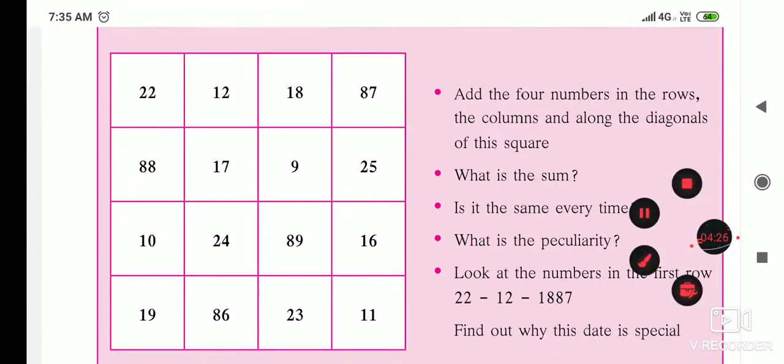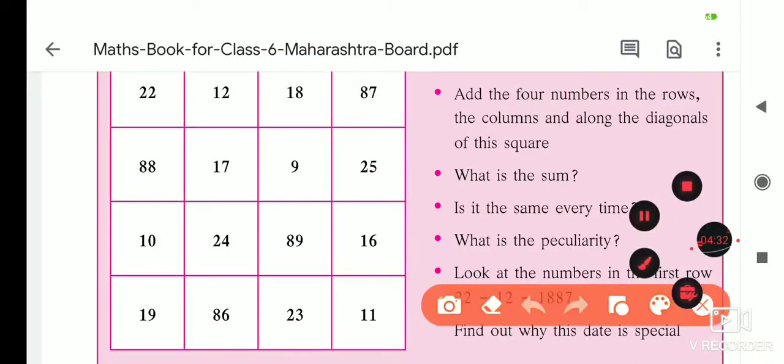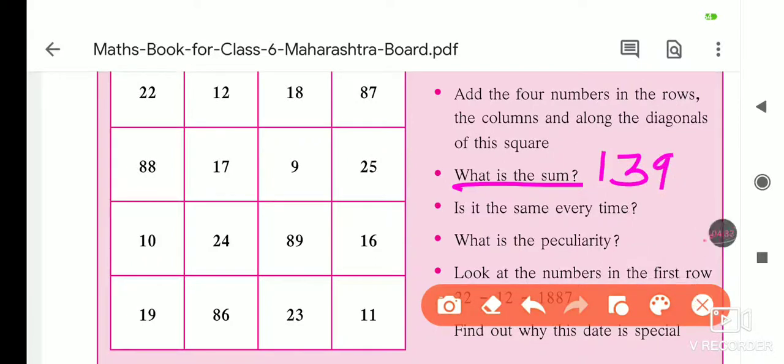Today you have to do this and see. What is the sum every time? The sum is 139. Is it the same every time? Yes, it is the same.